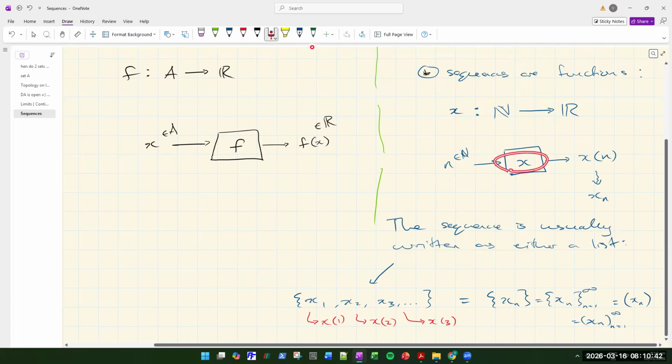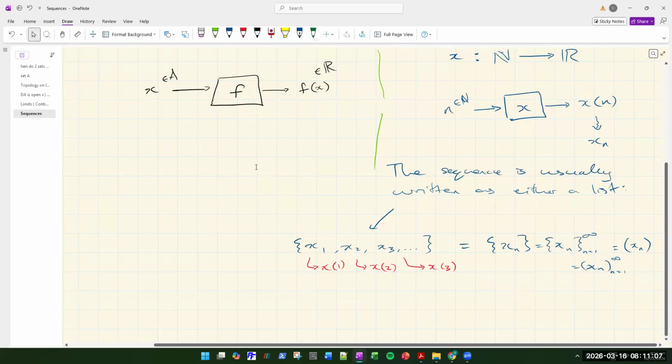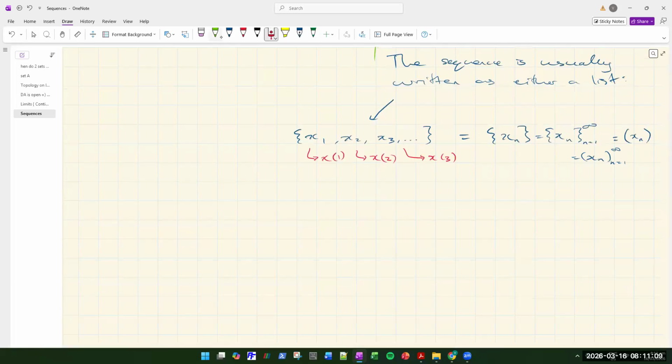The name of the sequence is what we usually call x, not the input. The input is a natural number n. The output is x of n, and we usually don't write x of n. We write x sub n. So x sub n is the value you get when you plug n into this sequence. So that's the first distinction.